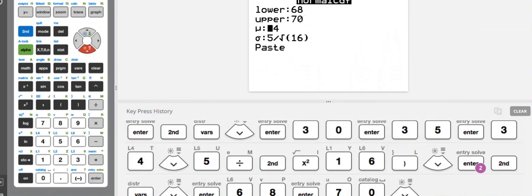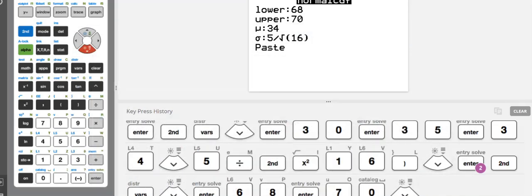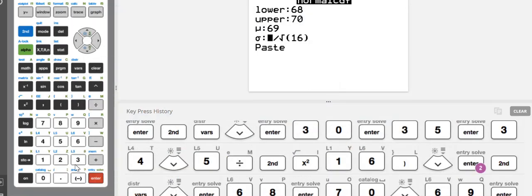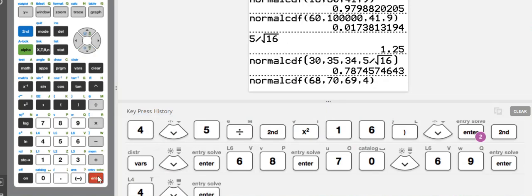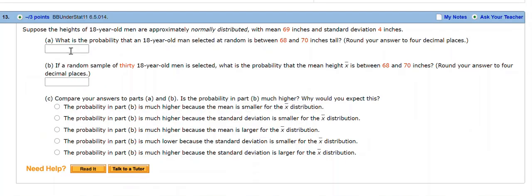And my mu was 69, mean 69. And my standard deviation is 4, so I put in 4. And I paste that, and hit enter, and I get 0.1974.